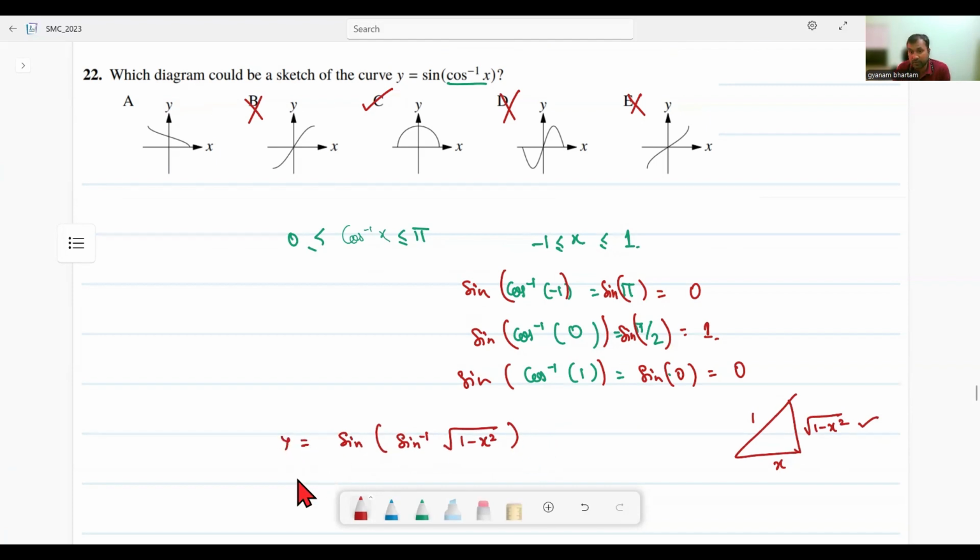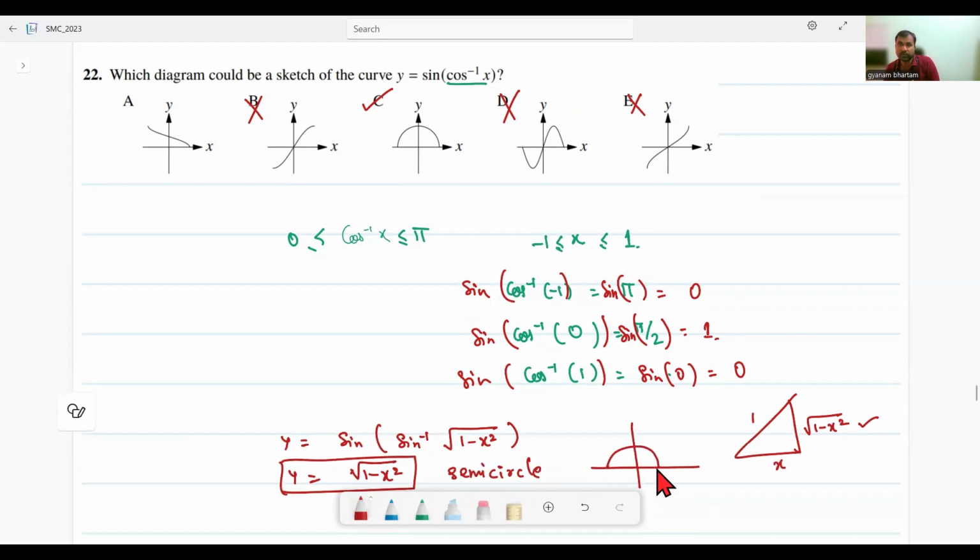This is y as a function, and this is a semicircle. A semicircle equation is going to be this way. Upward means positive output. So this is the first method, and this is the second.